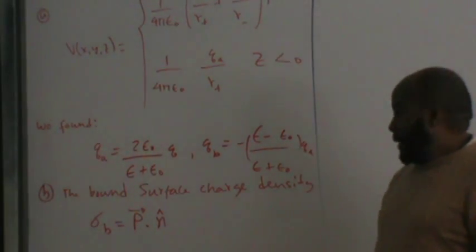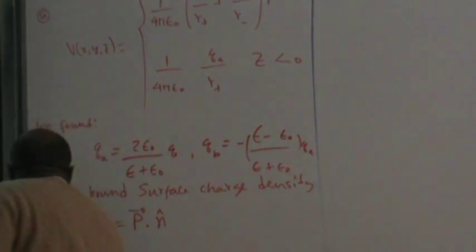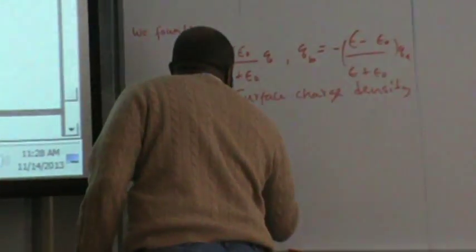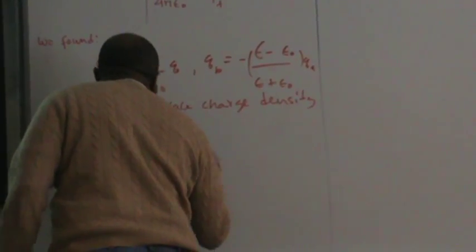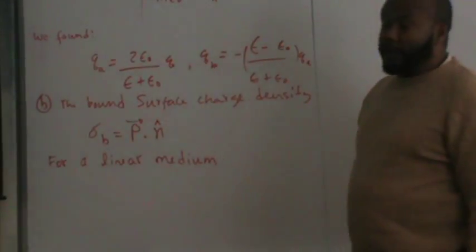For a linear media, how do we express the polarization?